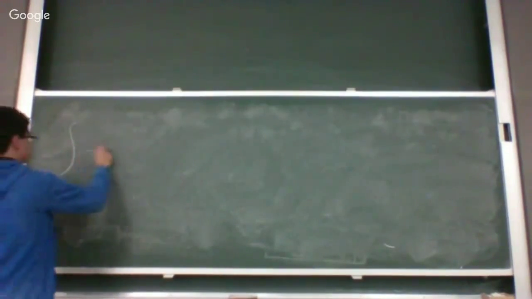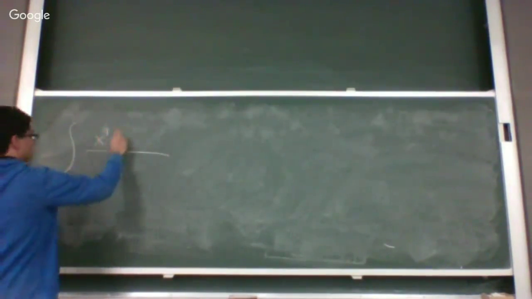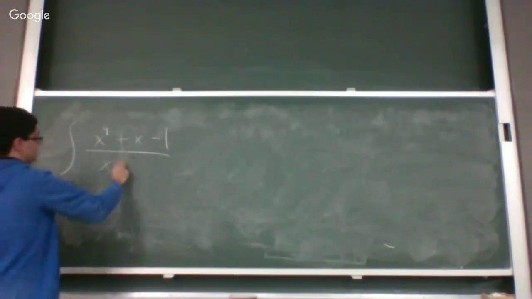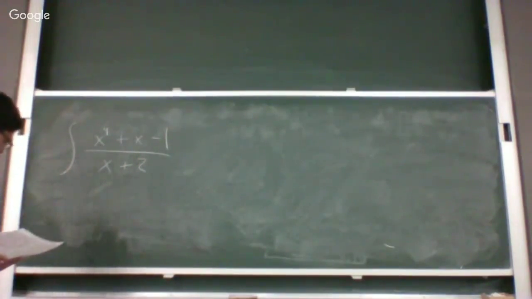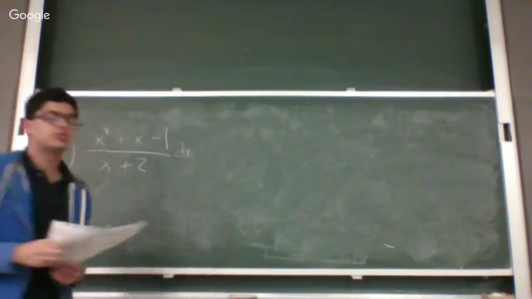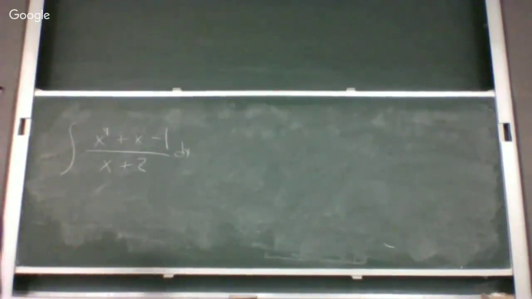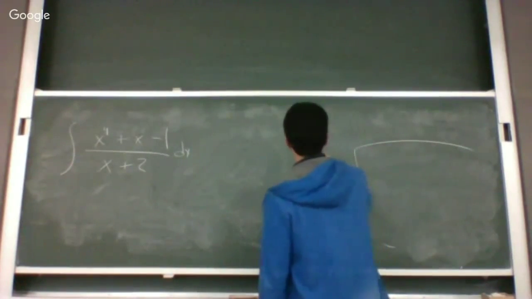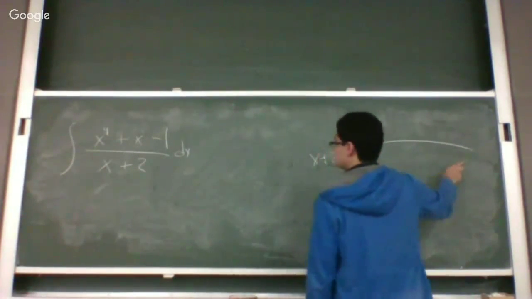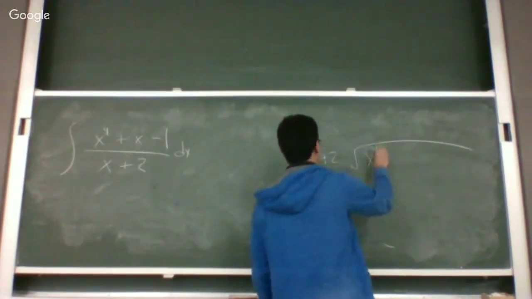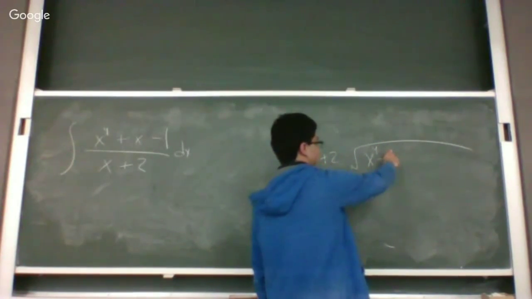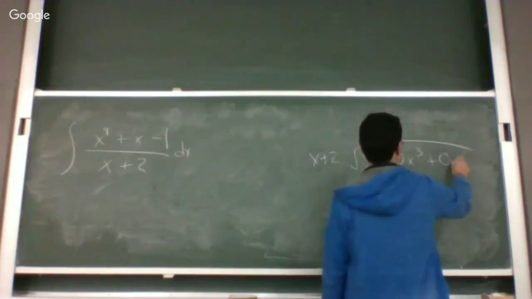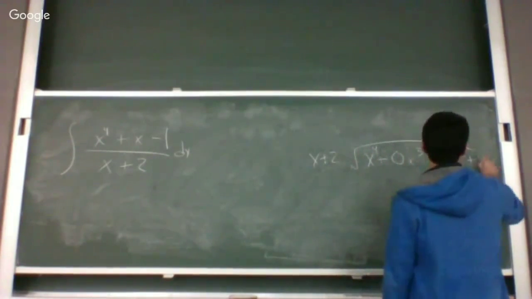Say we have now x to the fourth plus x minus 1 divided by x plus 2. Fine. That one, what do we do? We divide. What do I write in here? x to the fourth plus 0x cubed plus 0x squared plus x minus 1.